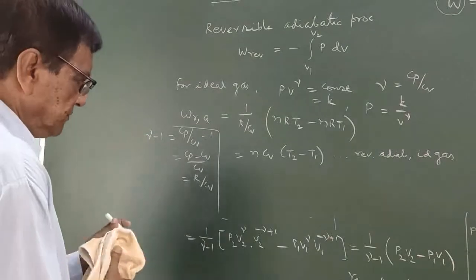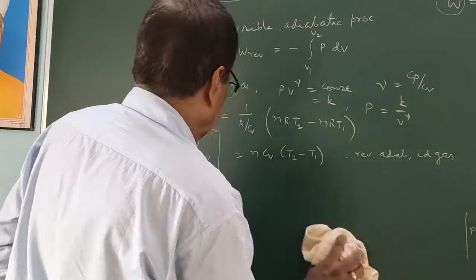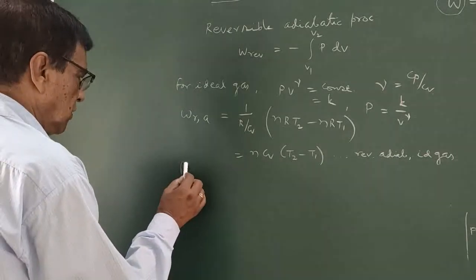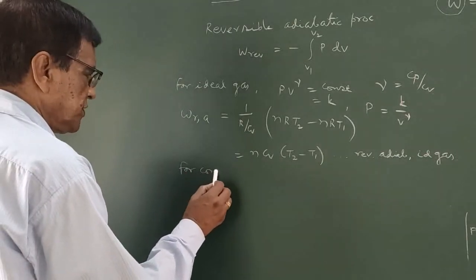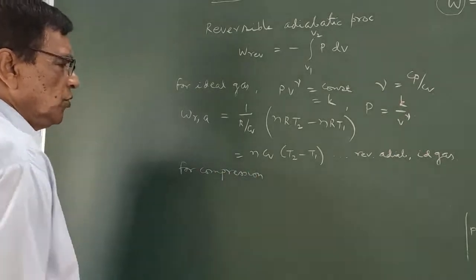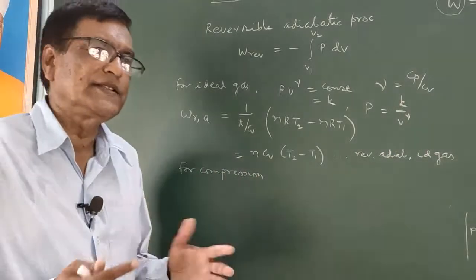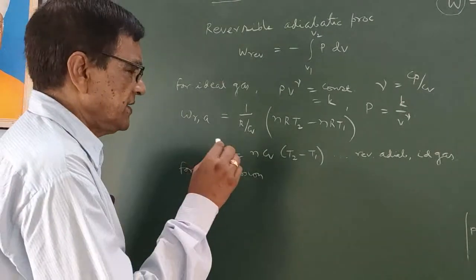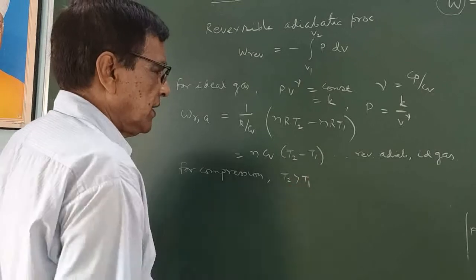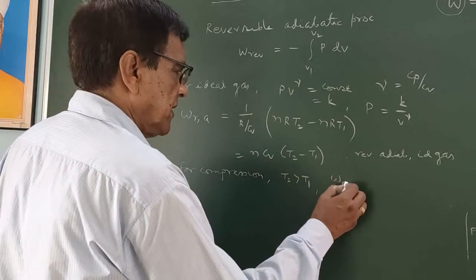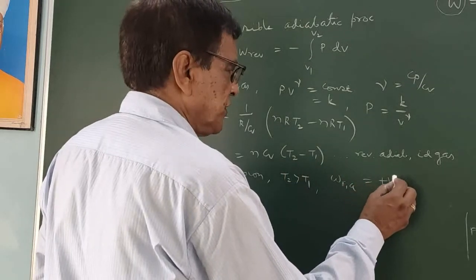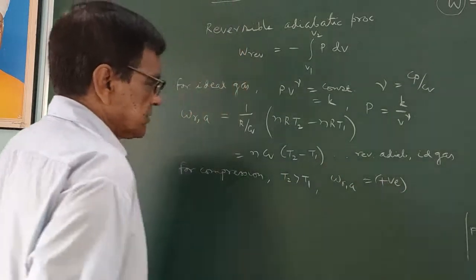And now we can see, say for adiabatic compression of this gas, we know that in adiabatic compression there is a rise in temperature. Rise in temperature means T2 is greater than T1, and so W reversible adiabatic for this compression becomes positive.